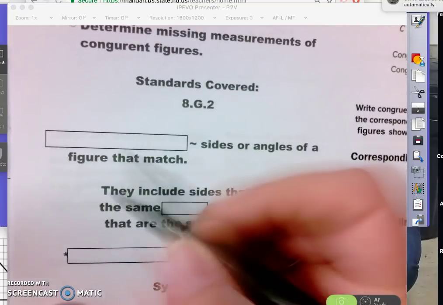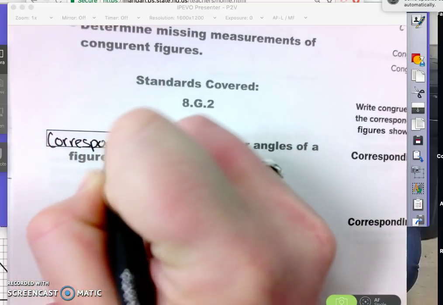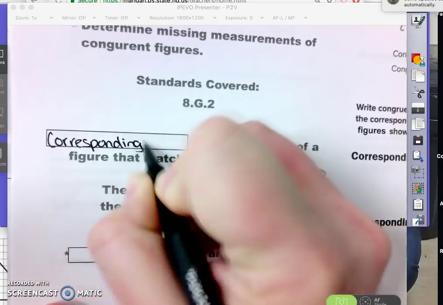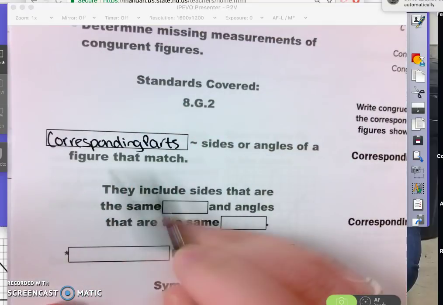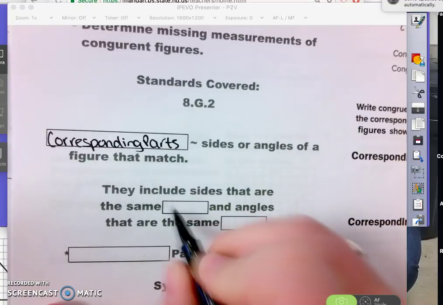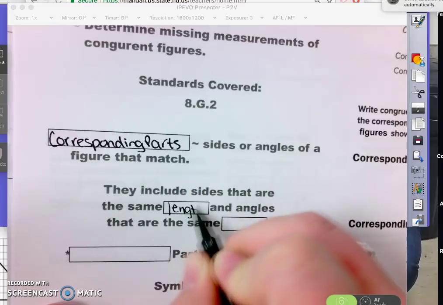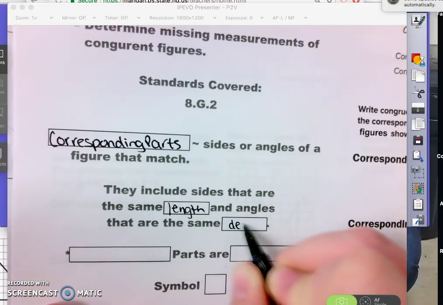So first we have to define a few things. Corresponding parts is our first thing. Corresponding parts are sides or angles of a figure that match. They include sides that are the same length and angles that are the same degree.